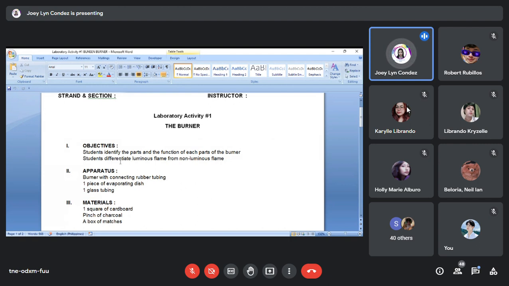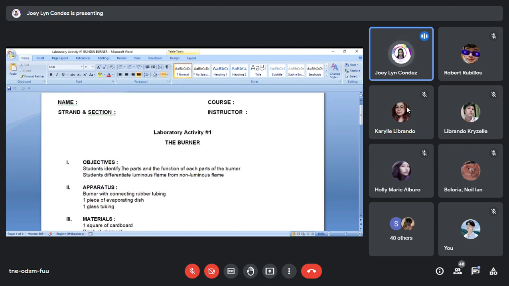This laboratory activity is not related to our topic for today, which is the properties of solids. But this is just a guide for you on how to use the burner, since some of you weren't able to experience using the Bunsen burner in the chem lab. So that's why I'm giving you this activity.